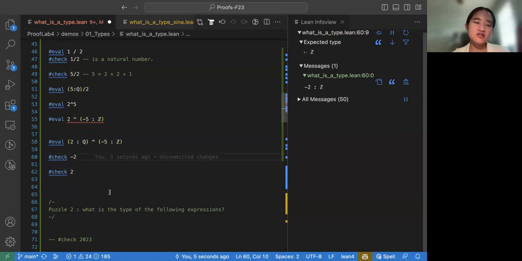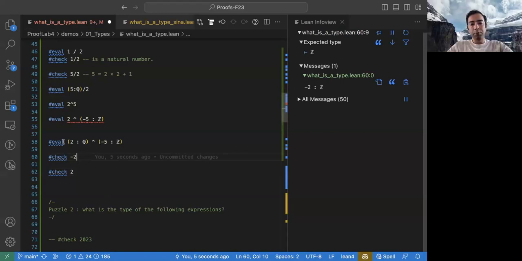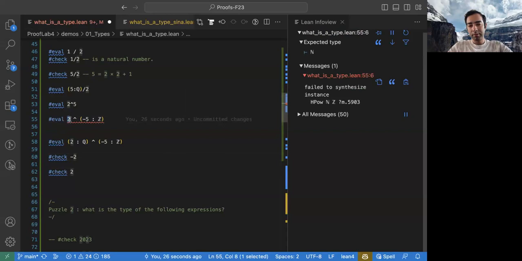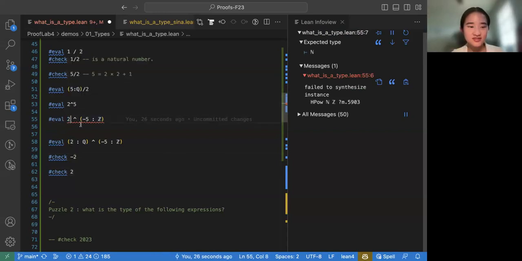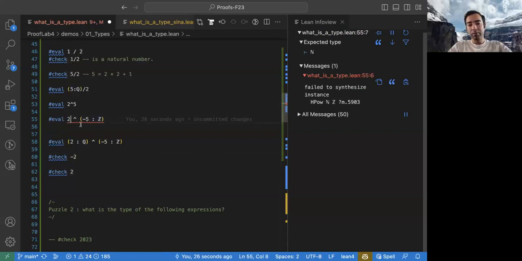So when we parse, why doesn't the 2 also just have a question mark, and then we assume that it's going to be an integer? You mean the 2 in here? Yes. Well, it would be fine. So that it can do. But then the problem is that the exponentiation of an integer with an integer is not going to be an integer. And the problem is that then Lean doesn't know what this is.